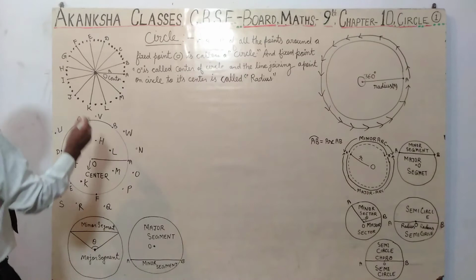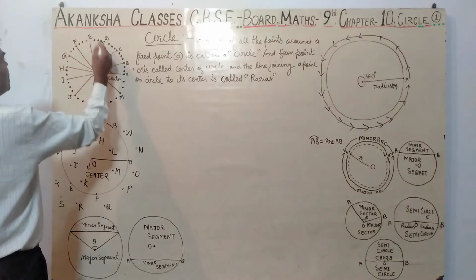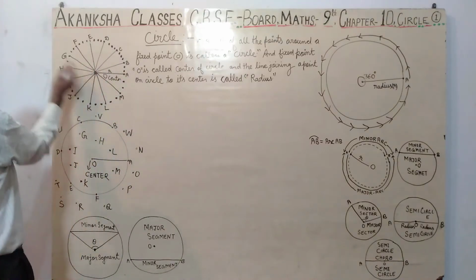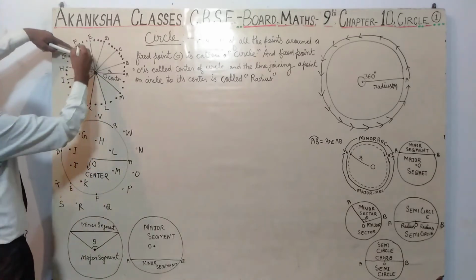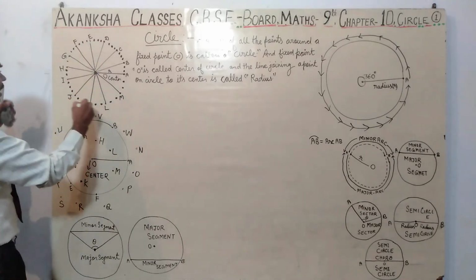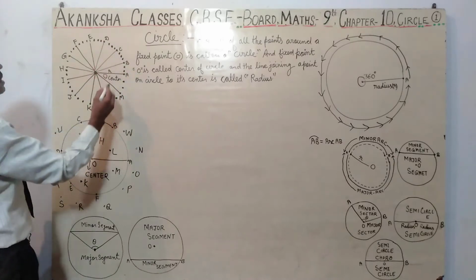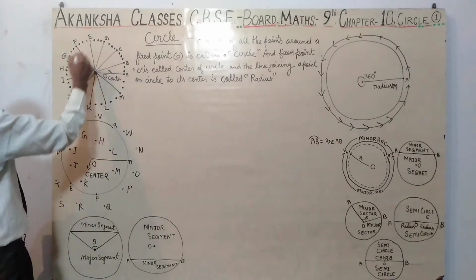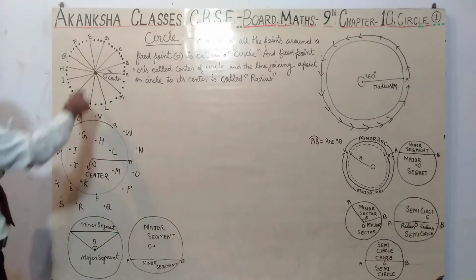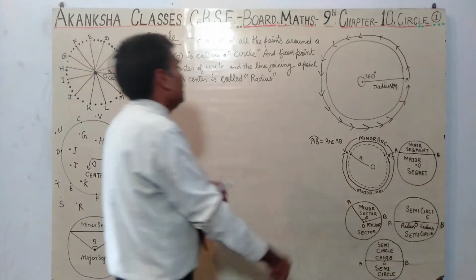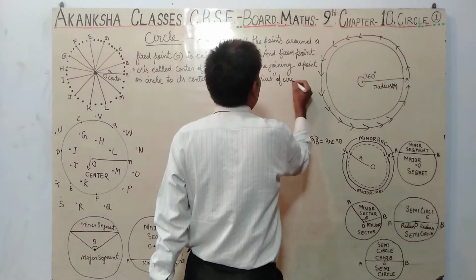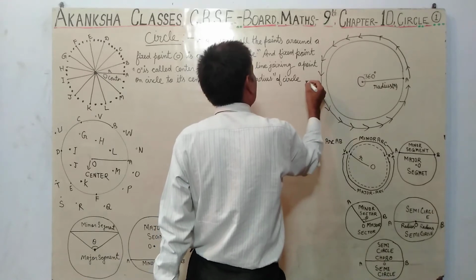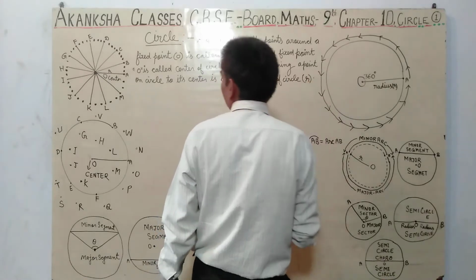Thus OA, OB, OC, OD, OE, OF, OG, OH, OI, because these are line segments joining points on the circle to the center, are said to be radii of the circle. Radius of a circle is represented as small r.